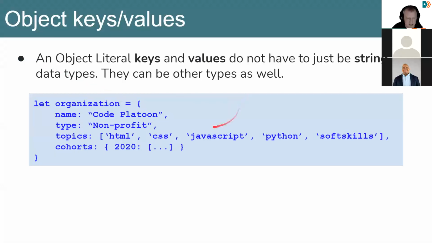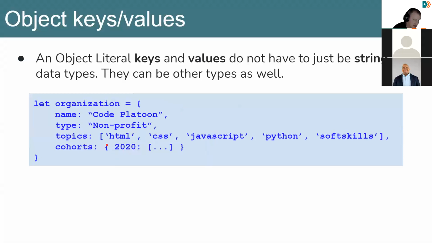Also down here in cohorts, you'll see that I didn't finish it. This is not valid, but I put the opening and closing braces with one key, and we can start building much more complex structures of data this way. So I have organization itself as an object literal.